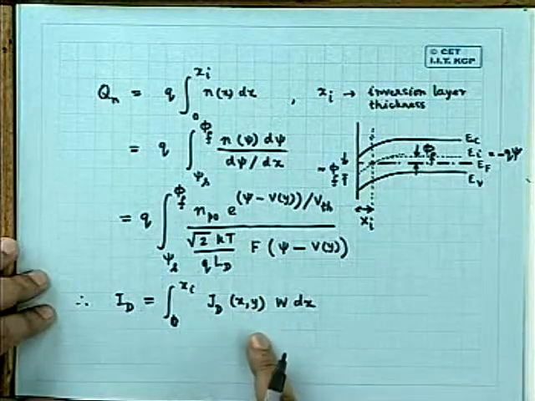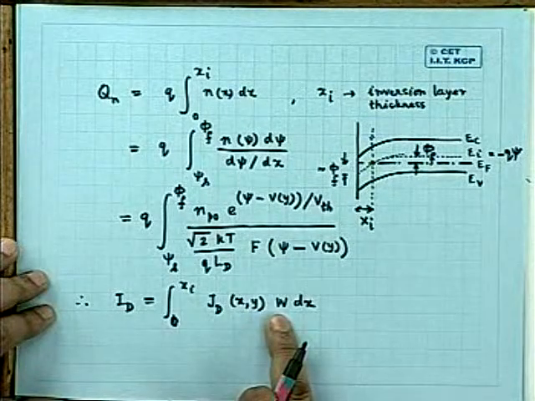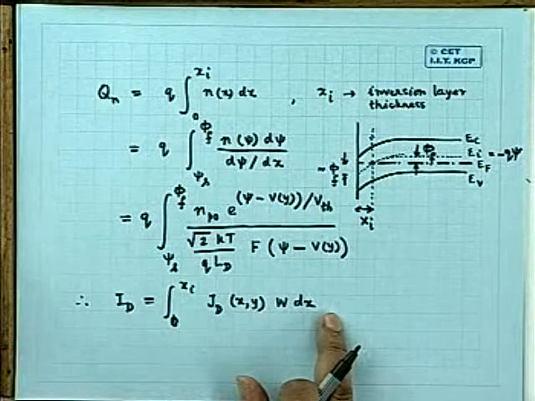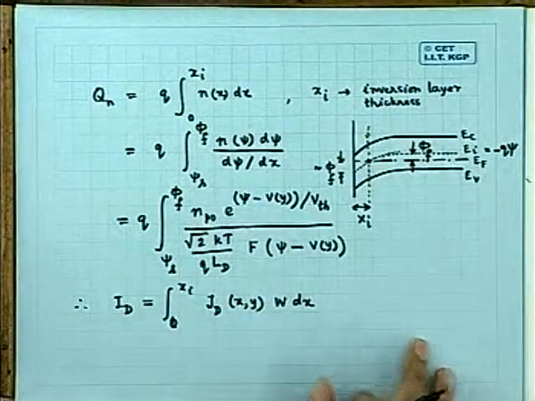ID can be written as JDXY W, then integral dx from 0 to xi. Is it okay? Is it acceptable to all of you? W takes care of the width along the y direction, along the z direction, where along the depth, the n is varying.